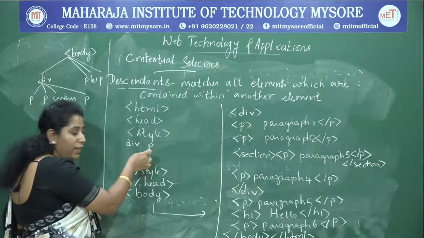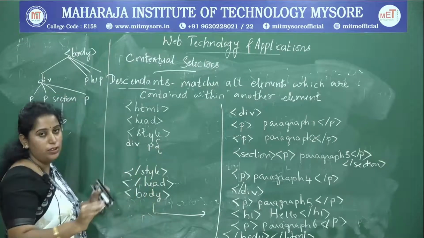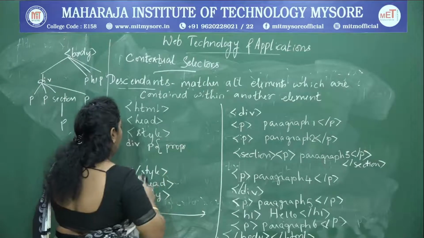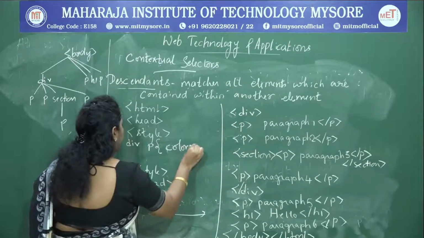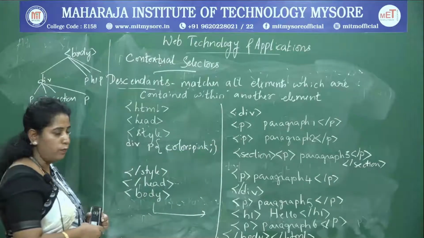In those descendants, if it has P as a descendant, for that you have to set the rules. I am saying not property, I will say color pink. I am setting the style rule.